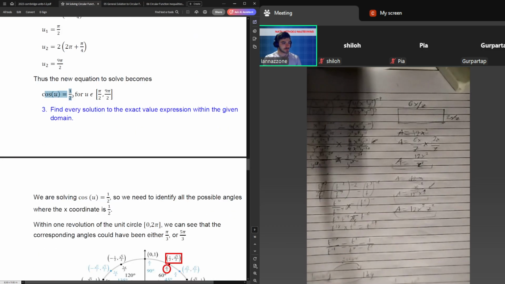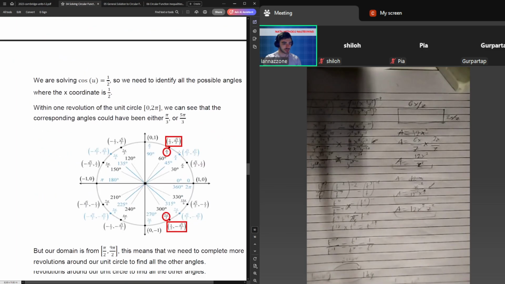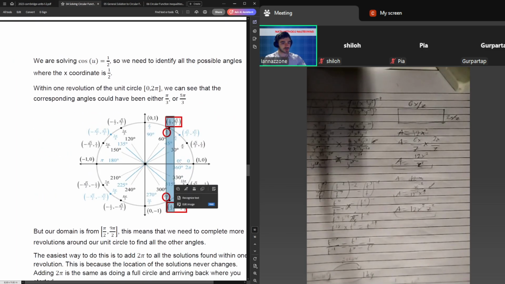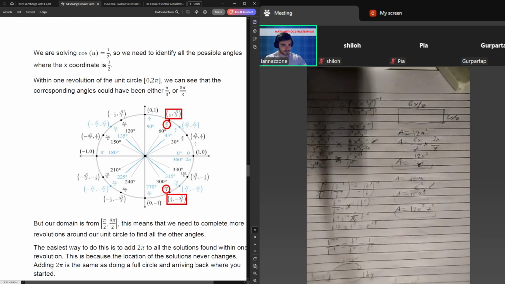From there, you just solve it as if this was your starting point. If this is where you started, it would just be like, okay, cool. Where does cosine equal a half? Well, that's where the x coordinates equal a half, which starts at the angles of pi over 3 and 5 pi over 3 if we just considered one forward revolution. But in this case, we have a little bit more than a forward revolution.